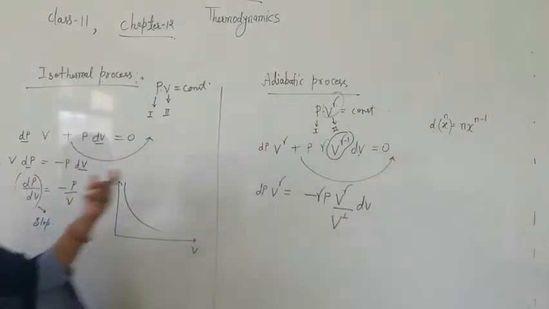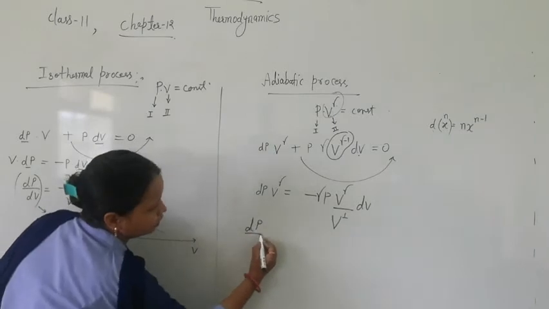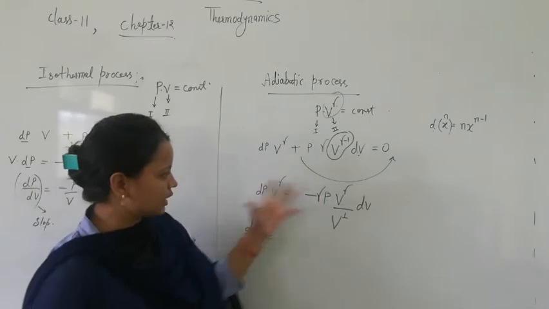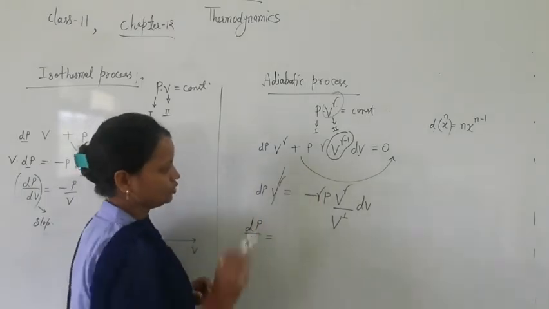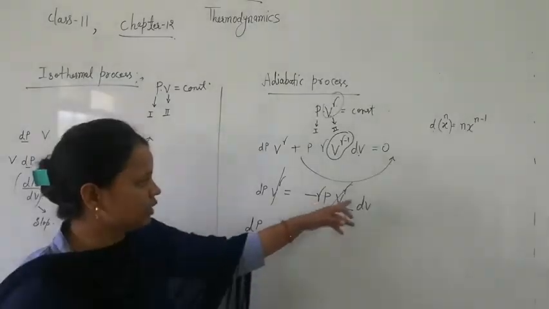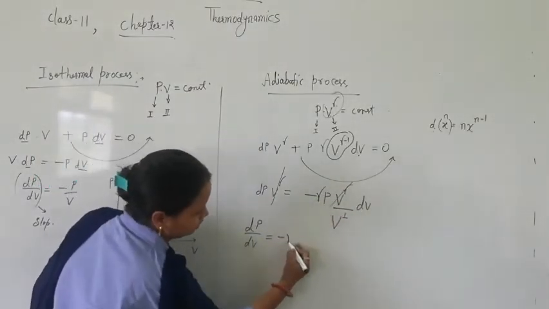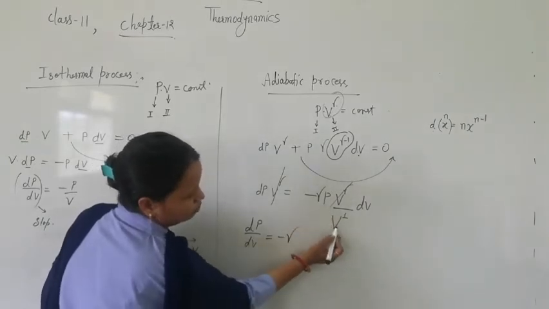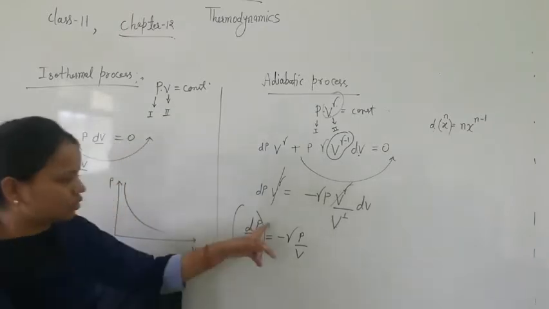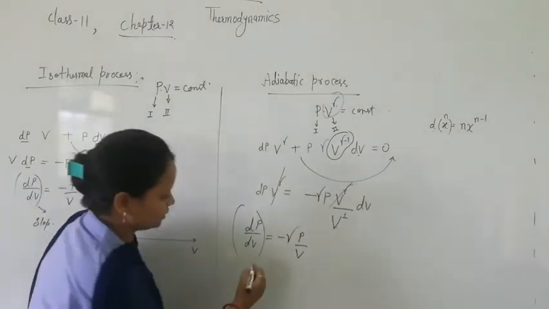Again we can set this as the slope of the curve. So dP upon dV equals minus gamma P upon V, as V to the power gamma cancels on both sides. This is also the slope of the PV curve in the adiabatic process.